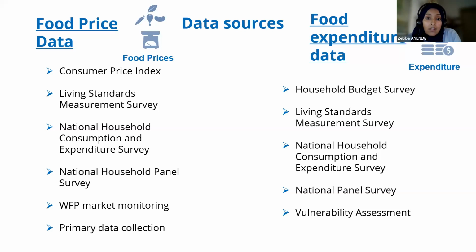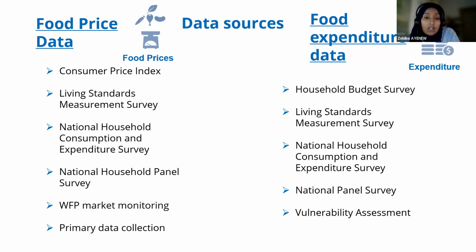In this slide, I mentioned earlier, the Fill the Nutrient Gap analysis prioritizes the use of secondary data sources. On the left side here, these are the types of data that we leverage to obtain food prices. Our major food price data source in most contexts being consumer price index, where we extract the food prices for a comprehensive list of foods.